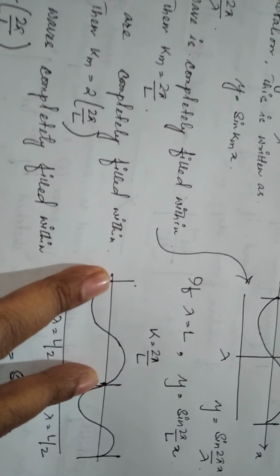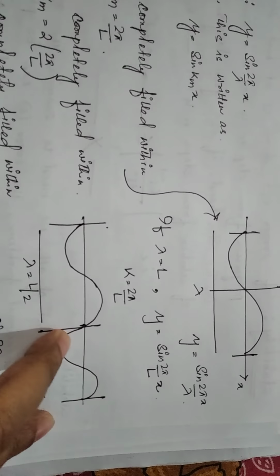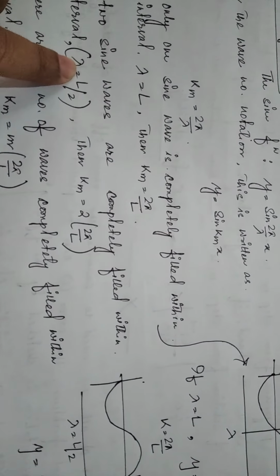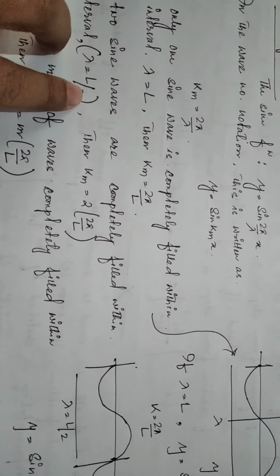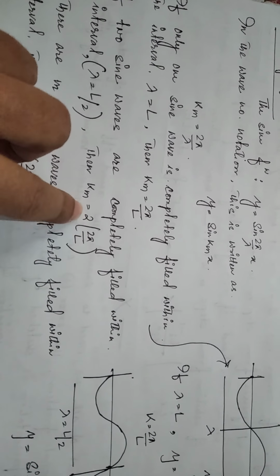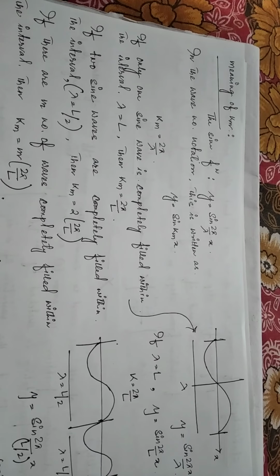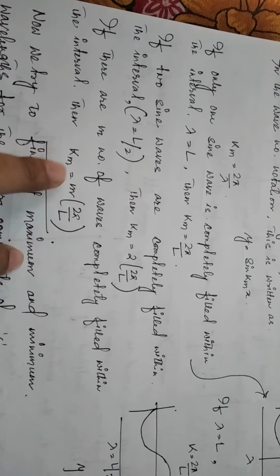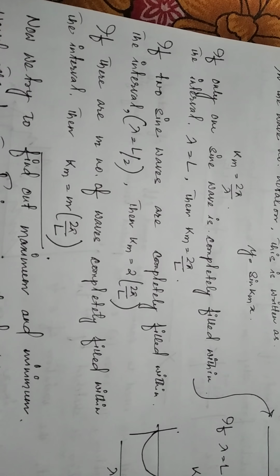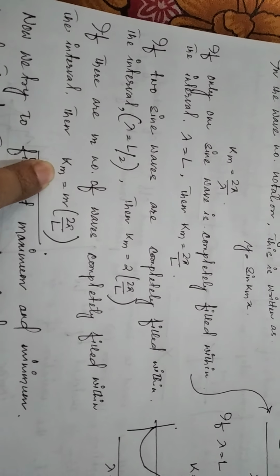If there are two waves, each of wavelength L by 2, so that two sine waves completely fill this interval, then lambda is L by 2, and the value of Km will be 2 times 2 pi by L. Similarly, if m sine waves completely fill the interval, then Km will be m times 2 pi by L. So the m in the suffix represents the number of waves on that particular interval.